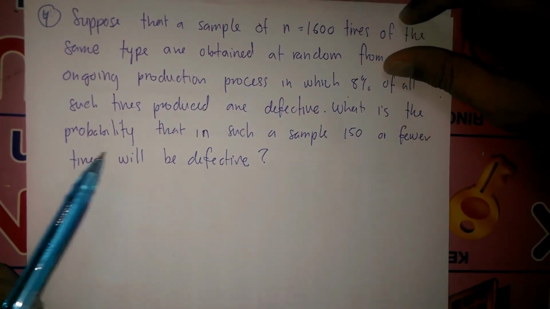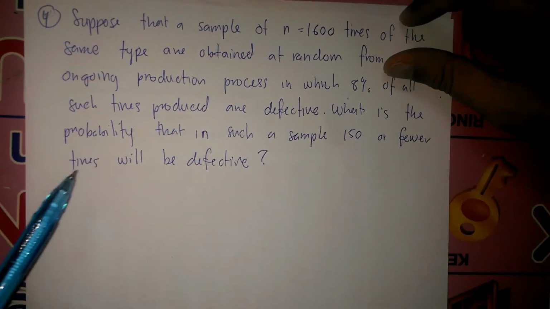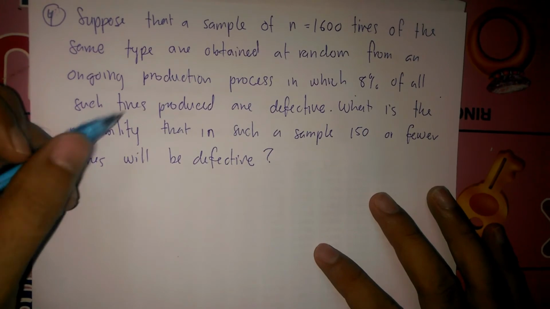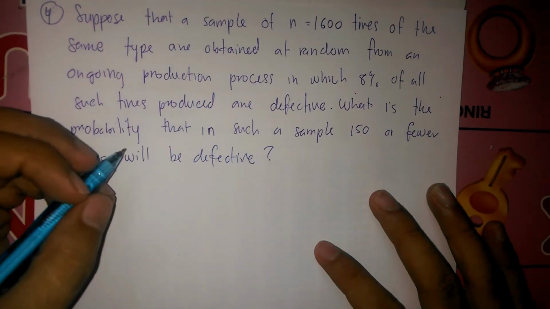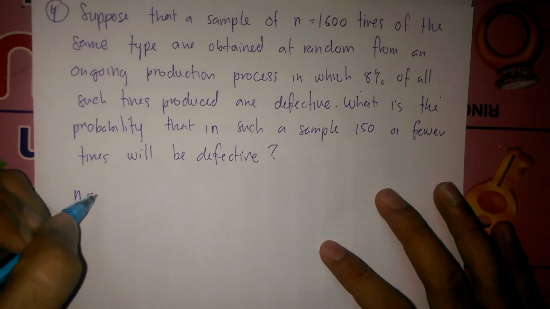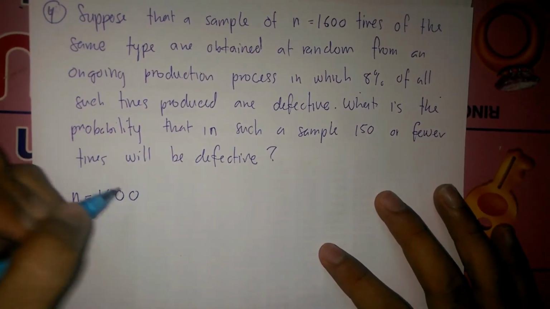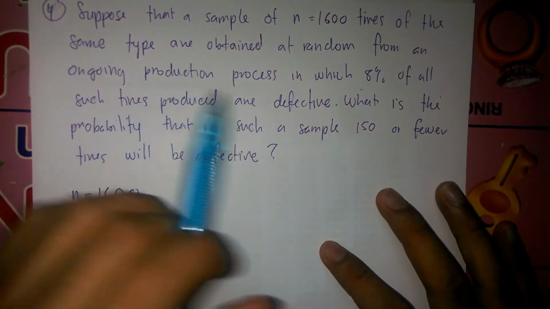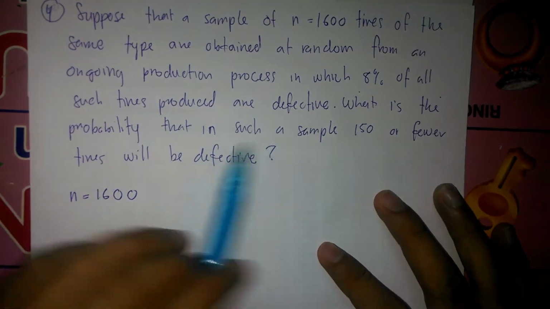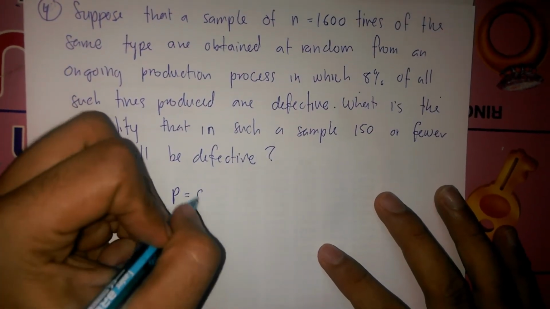What is the probability that in such a sample 150 or fewer tires will be defective? So we take out the data from the question. We get n equal to 1600, and P equal to 80%, so 0.8.